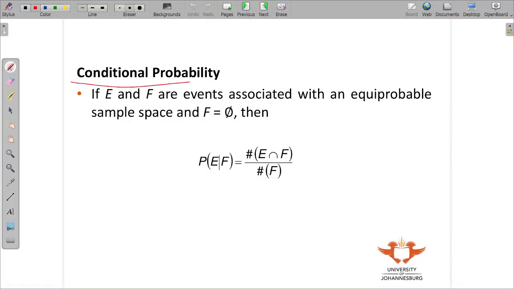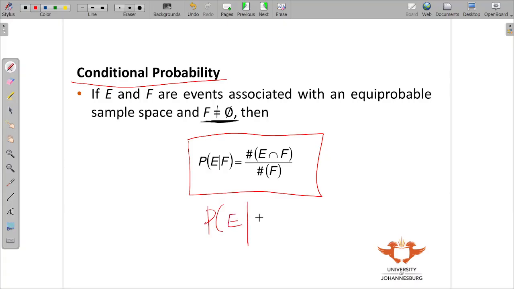Conditional probability: if E and F are events associated with an equiprobable sample space and F is not empty, F must not be empty, then we have this formula. The probability of E given F. When we have E given F, F is already given, or F has already occurred, or F has already happened.